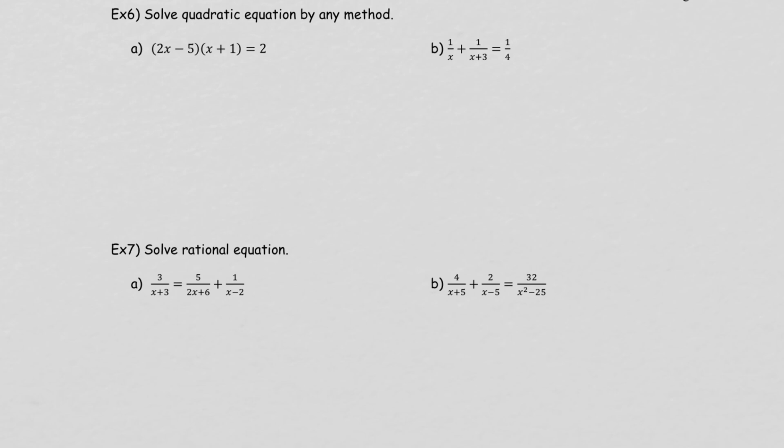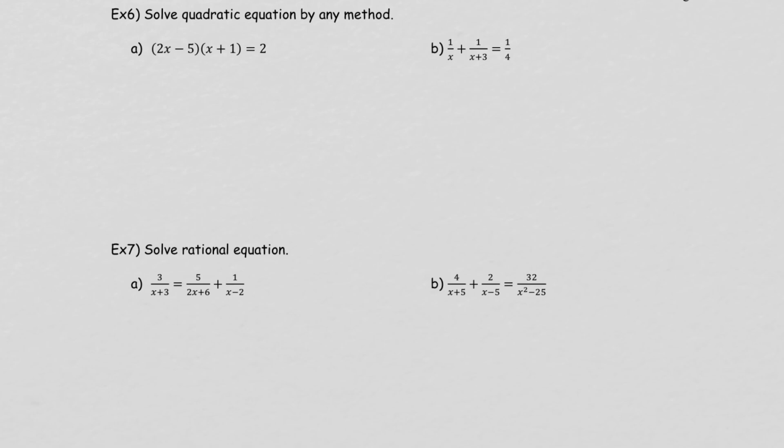So the next example we have is solving a quadratic equation by any method. I'm going to show you which method I'm going to use, but you probably did it with a different method, getting the same solution. That will be perfectly fine.